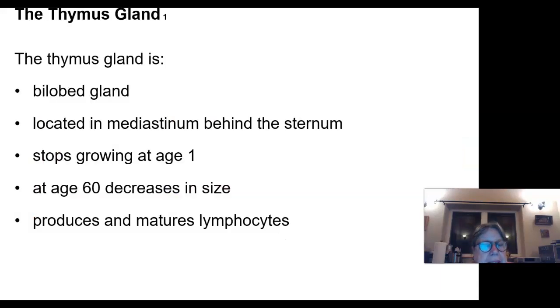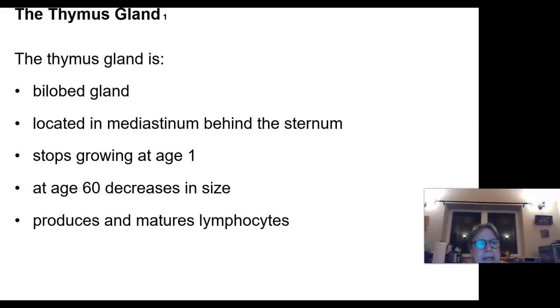Then you have your thymus gland, which is kind of a funky thing if you ask me. It's bilobed. It's got 2 lobes. It's located in the mediastinum behind the sternum. In other words, it just looks like it's on top of the heart. It stops growing at age 1, and by age 60, it has decreased in size.